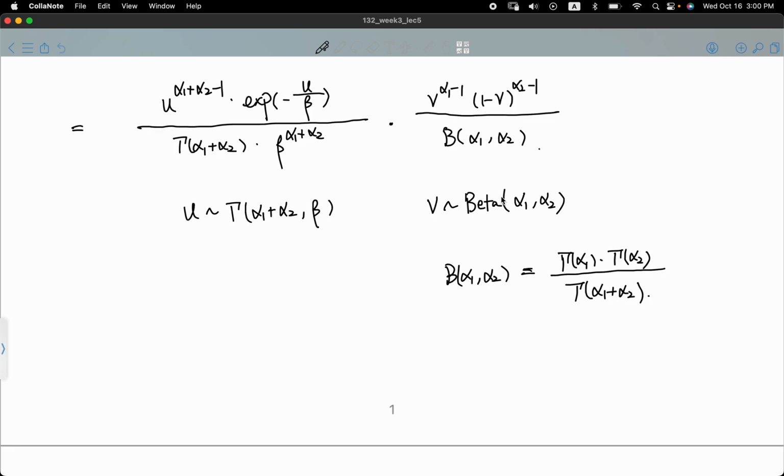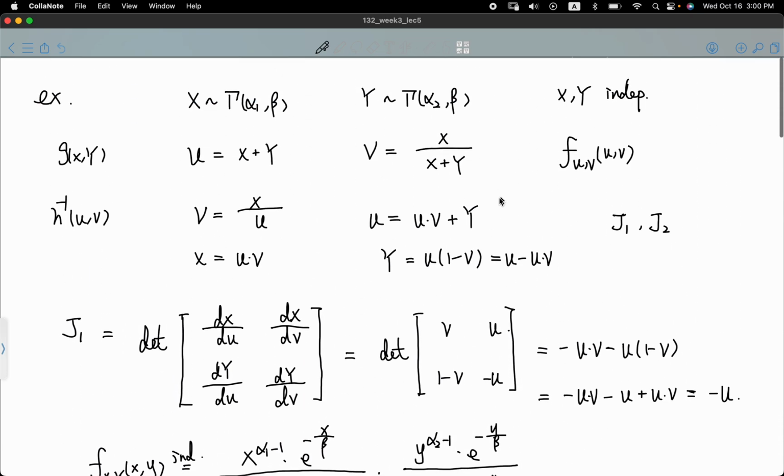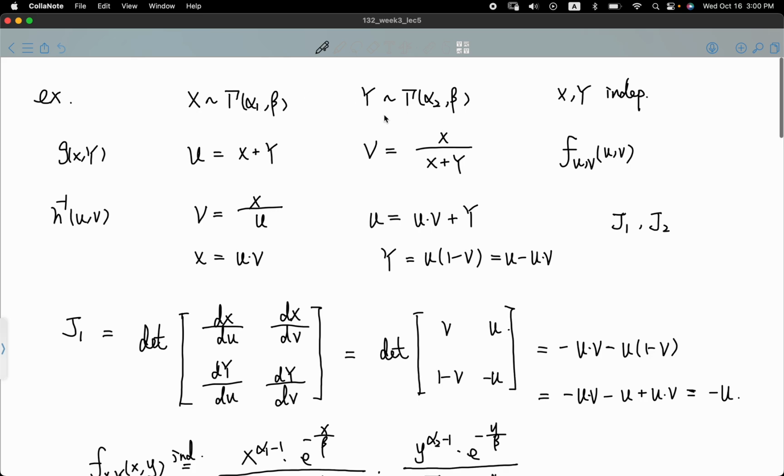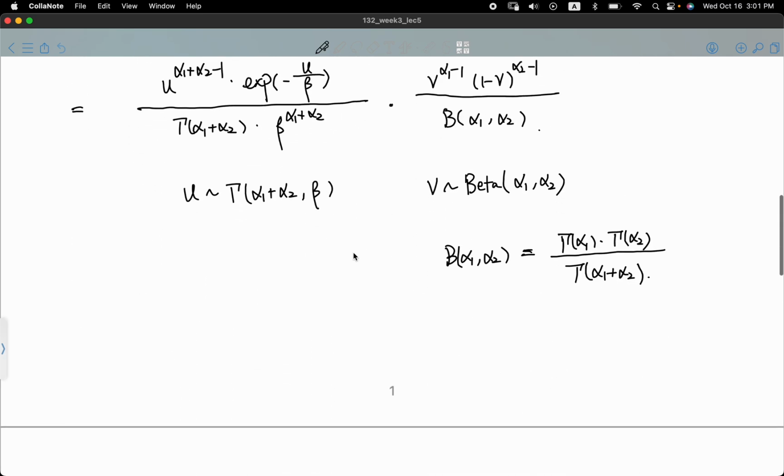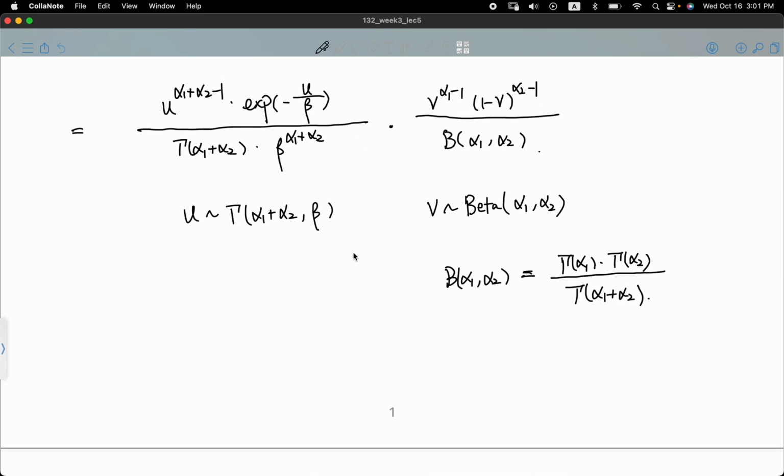Okay, so the idea here is that we start from the gamma distributions for x and y. We have two particular transformation functions denoted as g. And then we derive the inverse function and the Jacobian, make the change of variables, and obtain the joint distribution for u and v. In the end, we find that this is actually a product of a gamma distribution and a beta distribution.